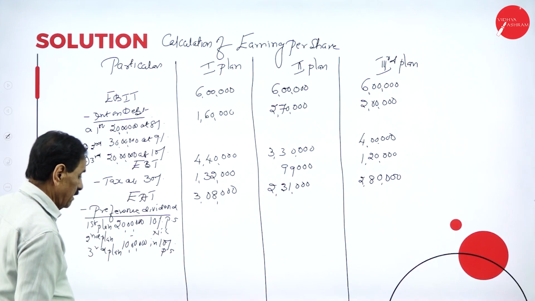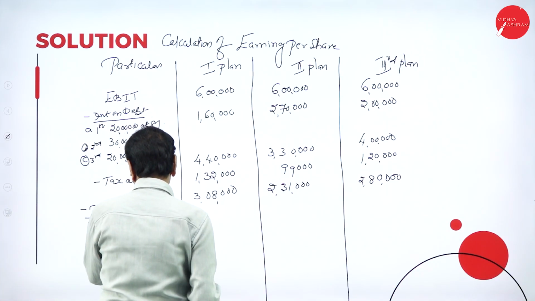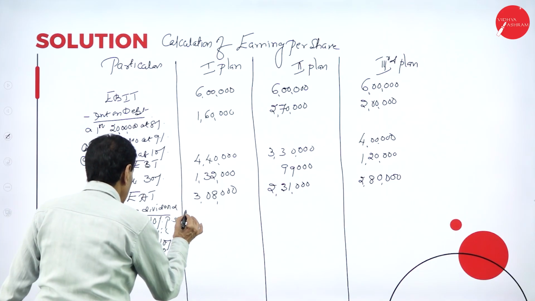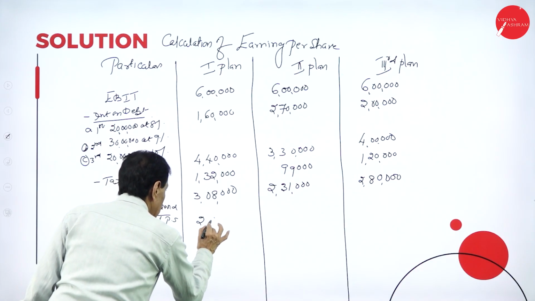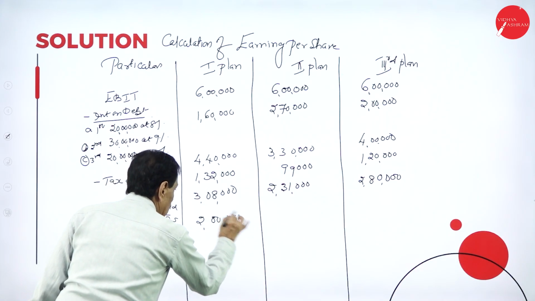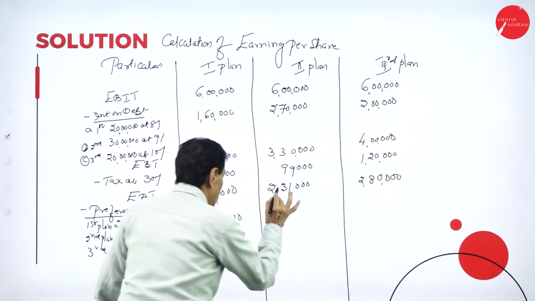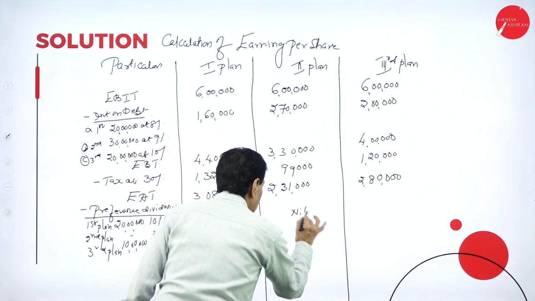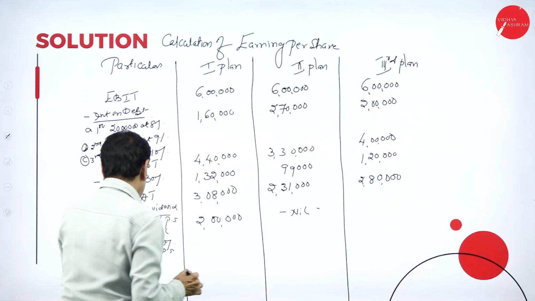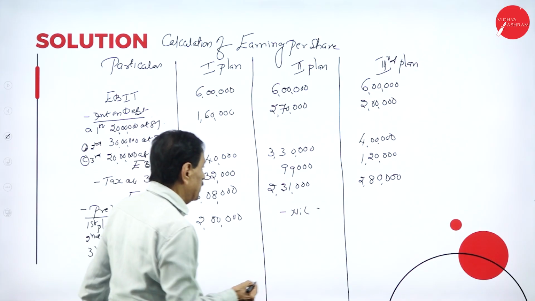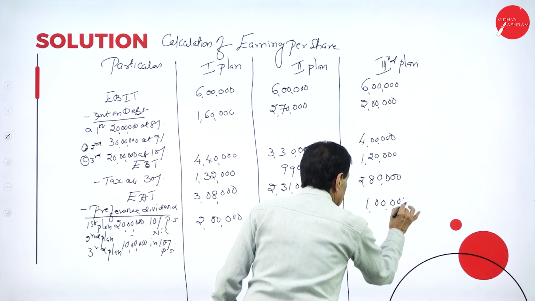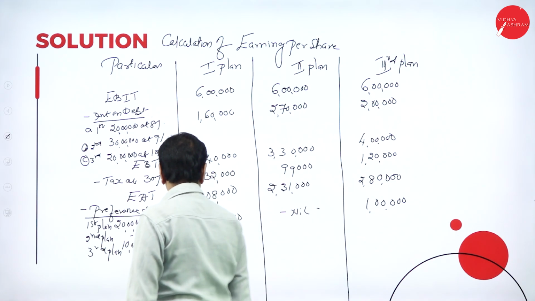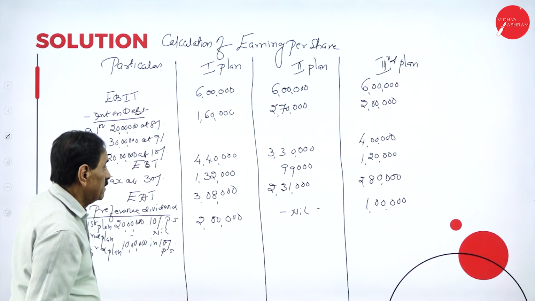Here, first one 20 lakh, 10% means 2 lakh. Second plan nil. Third plan 10 lakh, 10% means 1 lakh. So this is the way.